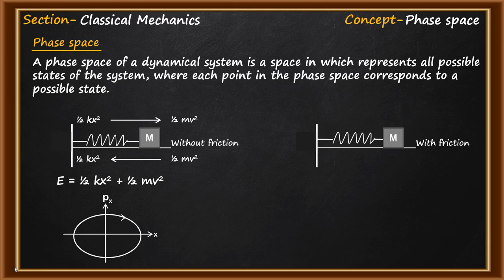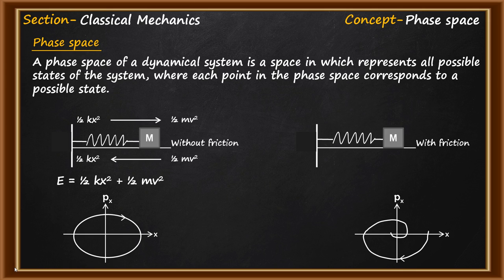That means both the position and the momentum diminish with time. When this situation is plotted as an x versus px phase space curve, it will form a spiral curve moving inwards.